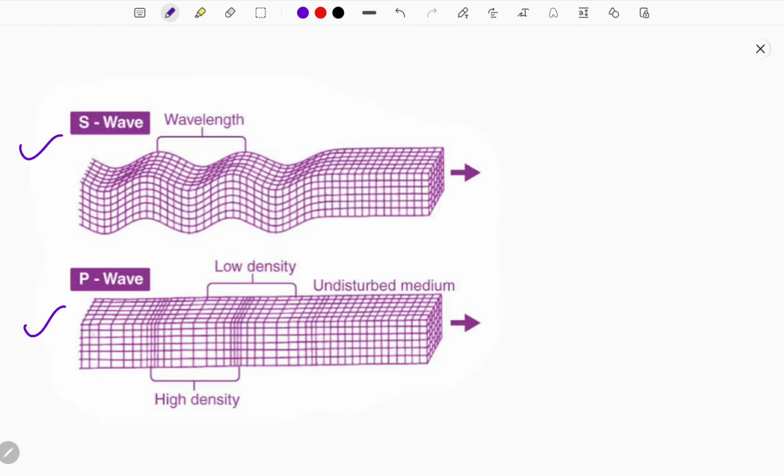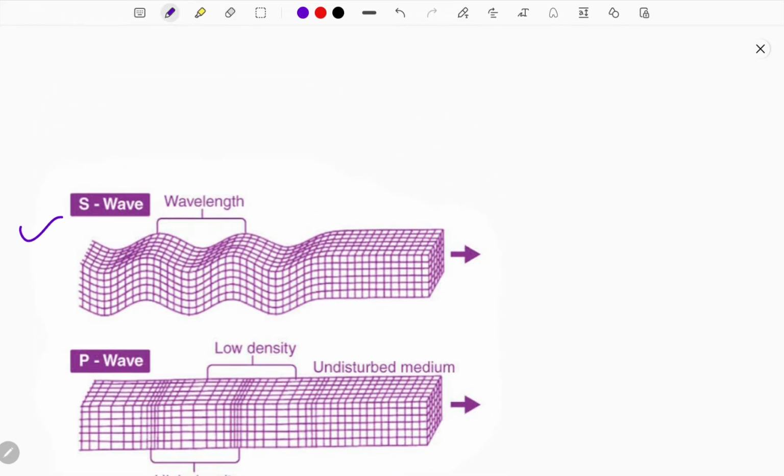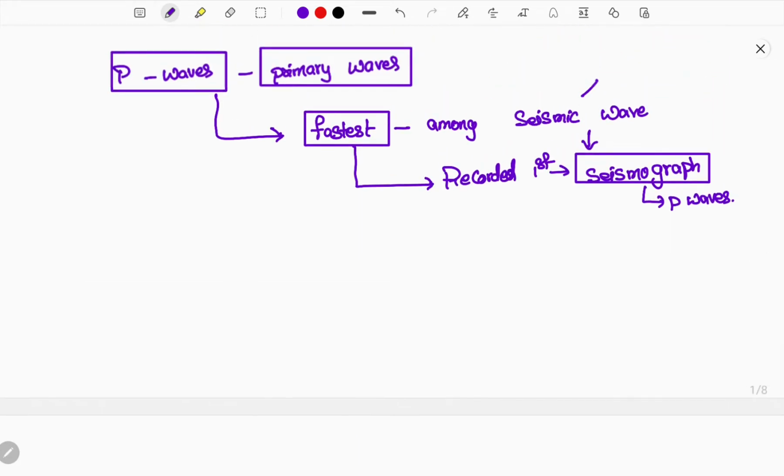How is it traveling? Here it travels in a straight line. There is no zigzag, but you can see that some regions are closely packed and some sparsely packed. In these spots there is high density, and in these regions low density. So there is a variation in density, and there is compression, and you will understand everything in detail.